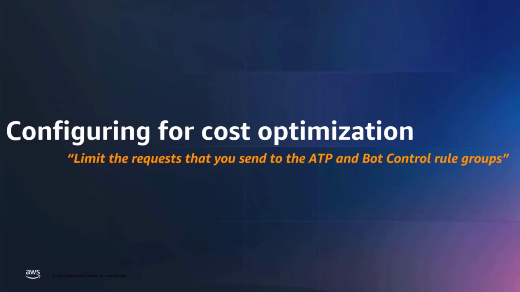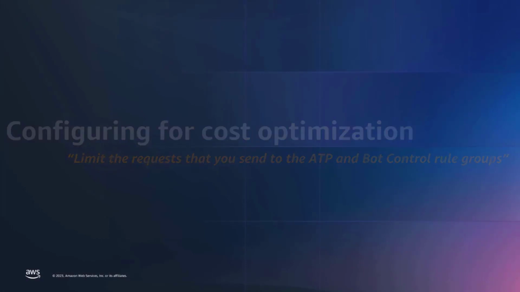There is an additional premium fee associated with these rule groups. If you are not configuring for cost optimization, there is a risk of incurring high charges. To avoid that, let's take a look at some of the options that we have today.